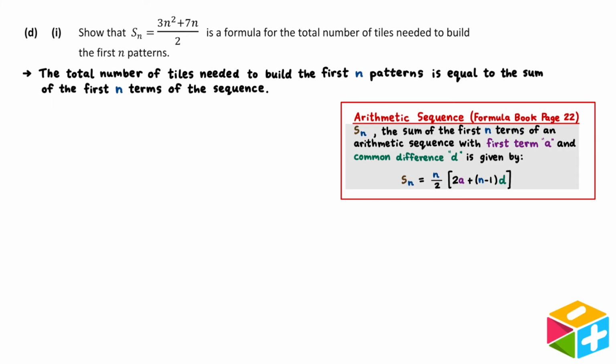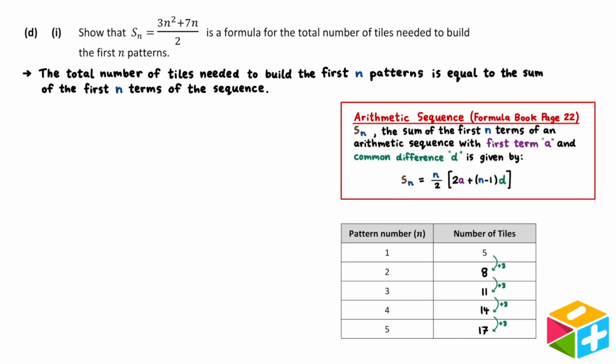This says that Sn, the sum of the first n terms of an arithmetic sequence with first term a and common difference d, is given by Sn is equal to n over 2 times 2a plus n minus 1 times d. As a reminder, here is a table that we found earlier which contains the first few terms of our sequence.